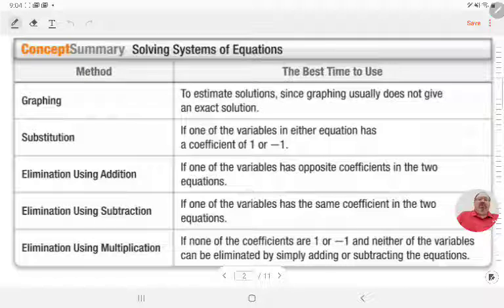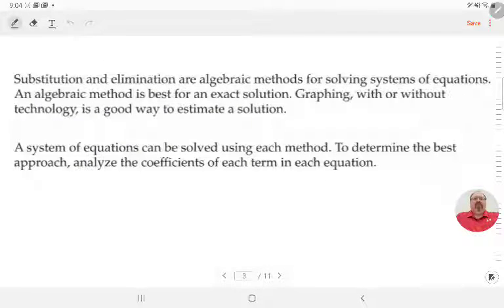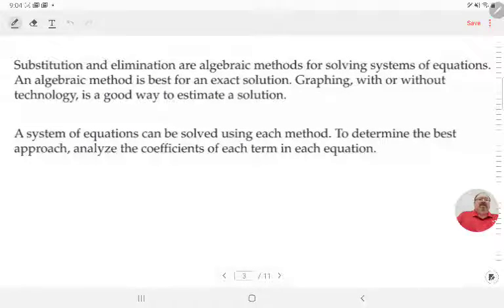Then lastly, we talked about elimination using multiplication. If none of the coefficients are 1 or -1, and neither of the variables can be eliminated by simply adding or subtracting the equations, then you have to use elimination using multiplication. All right. So substitution and elimination are algebraic methods for solving systems of equations.